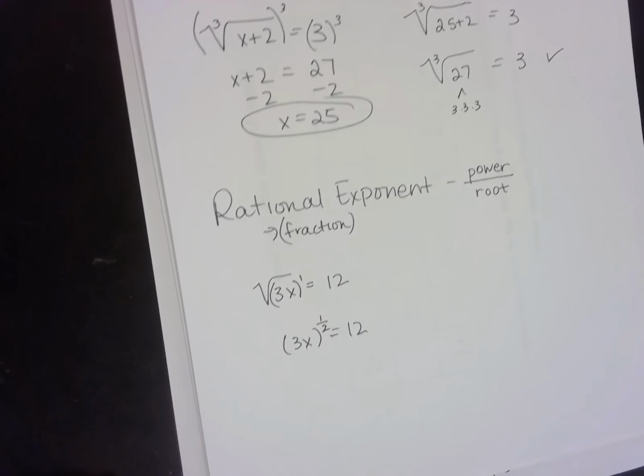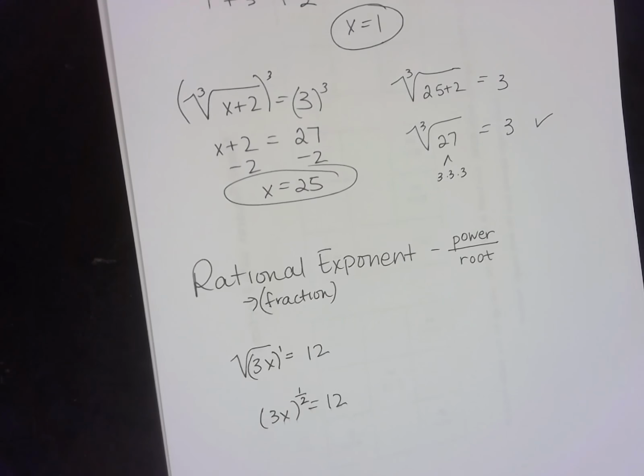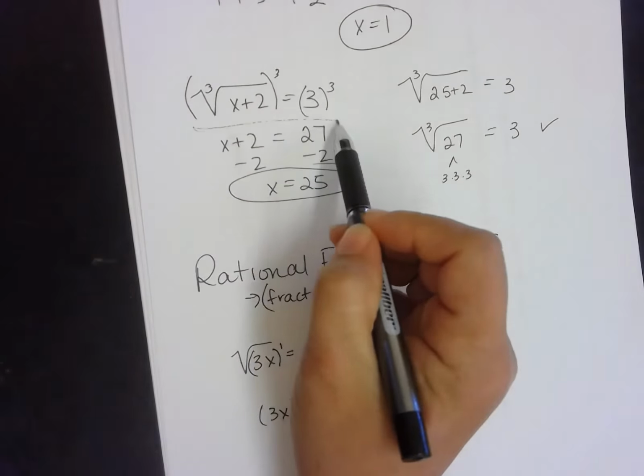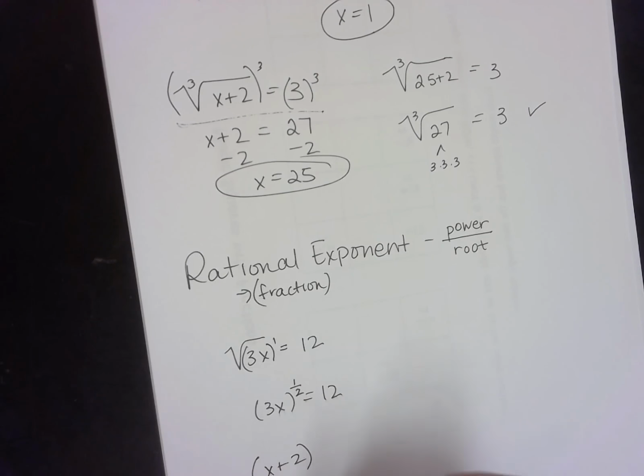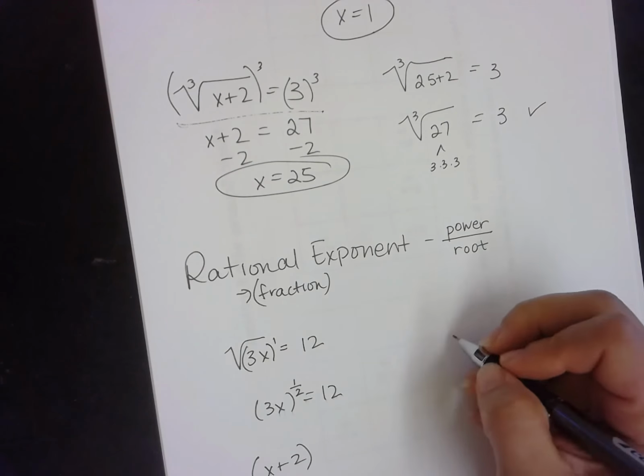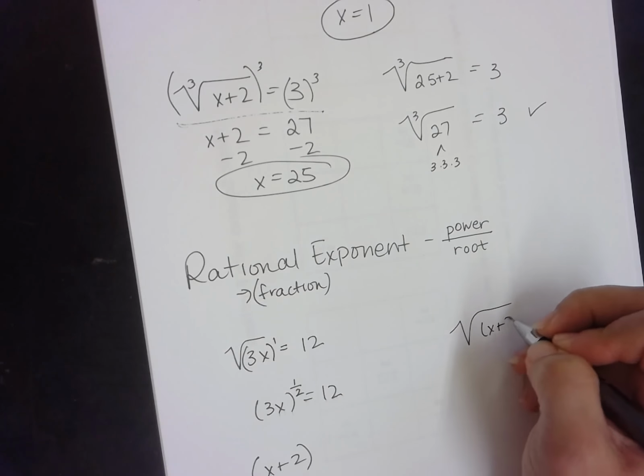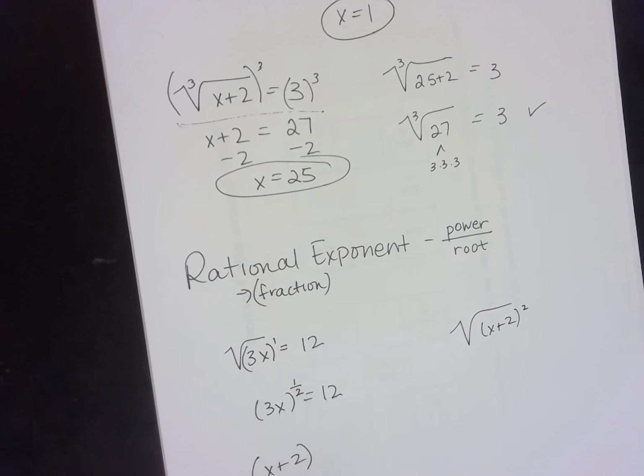So the previous problem that I just have up here could also have been written as x plus 2 to the power. Again, there is no power underneath the radical. If there was, it would look like this. Maybe I have something that looks like this. That would indicate that there would be a number other than 1 in my numerator.